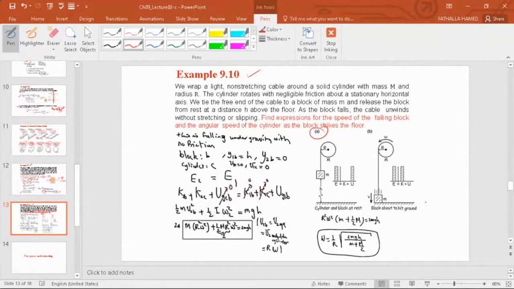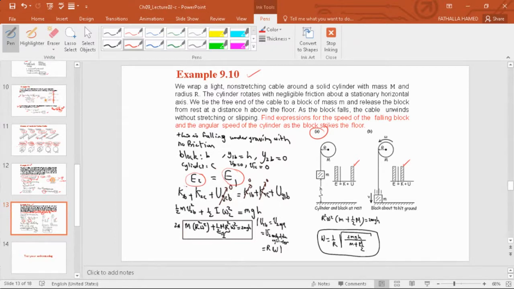And the potential will be 0. So all of your energy here will be kinetic. Here it's potential, here it will be kinetic. So we can look at conservation of energy here. Energy 2 should equal energy 1 because gravity here is doing the work.